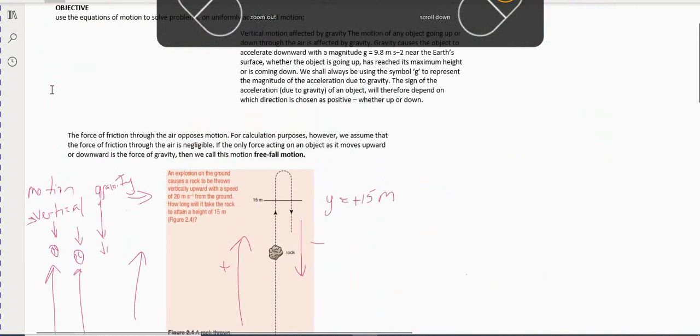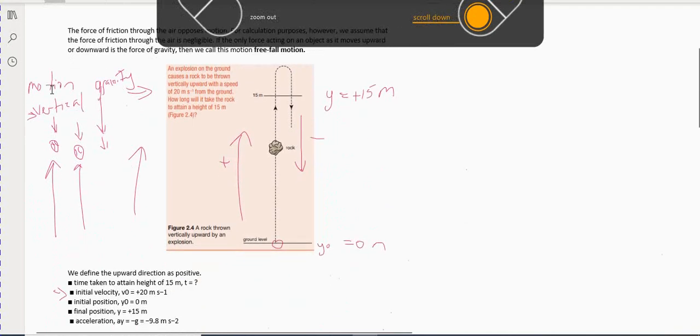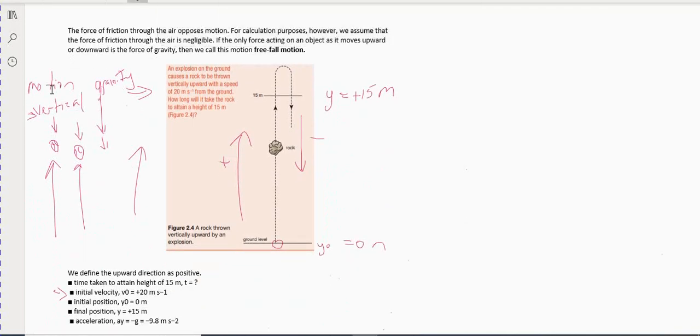When the object is tossed in the air, generally it would pass through the 15-meter mark at least 2 times.